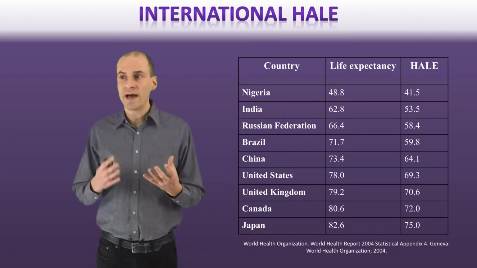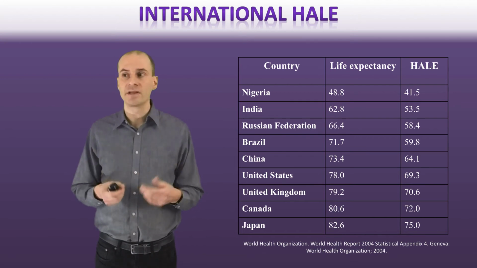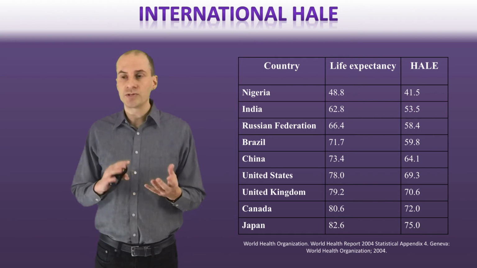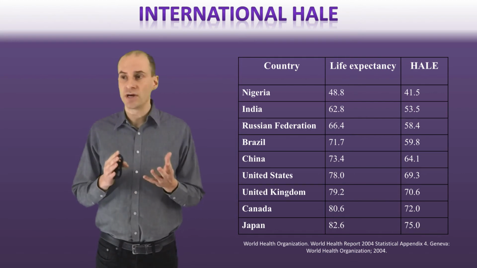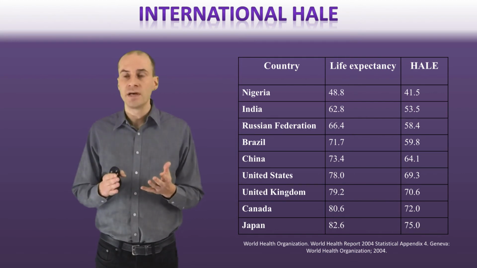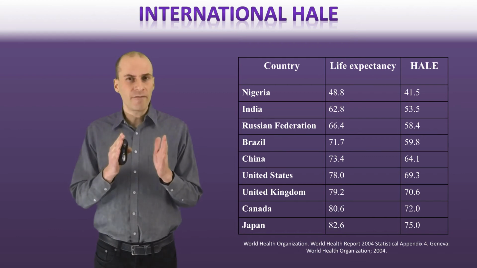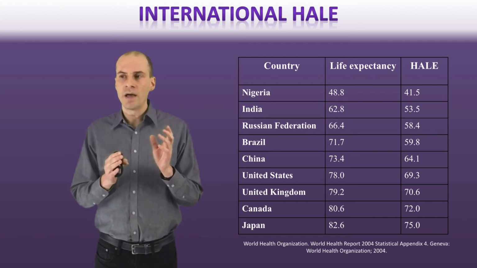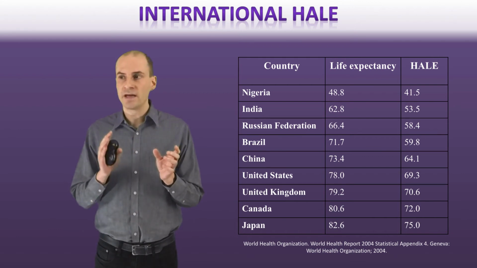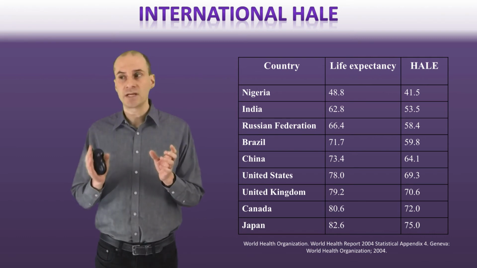You can also look at, again, the HALE, the health adjusted life expectancy. And what you'll see is that also differs across different countries. What you're looking at there is the difference between the life expectancy and then the health adjusted life expectancy.